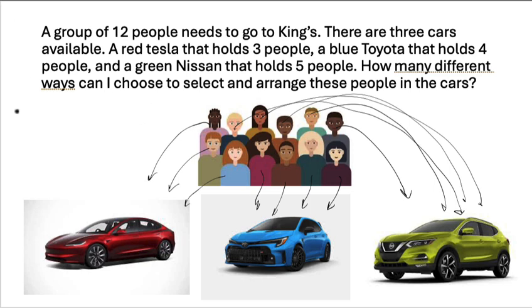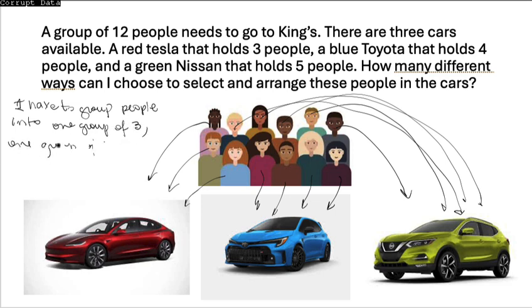So I'm going to write that. I have to group, because wording is good for us to understand the problem. I have to group people into one group of 3 people, one group of 4, and one group of 5.